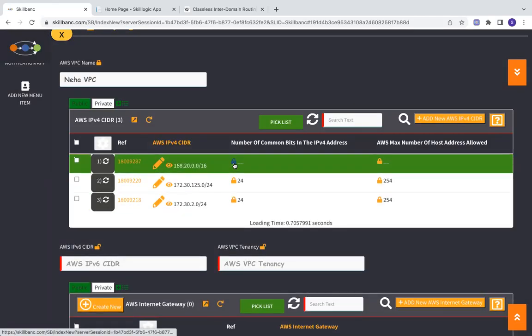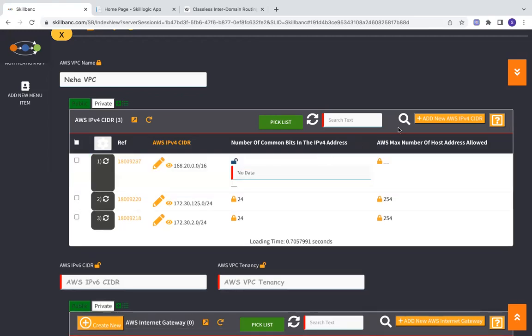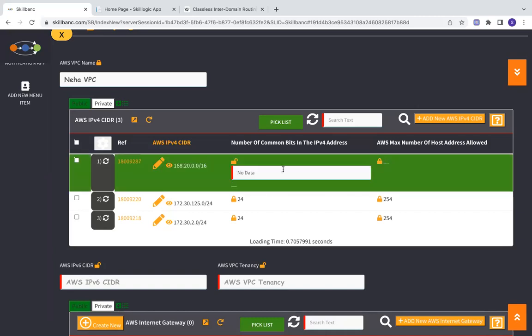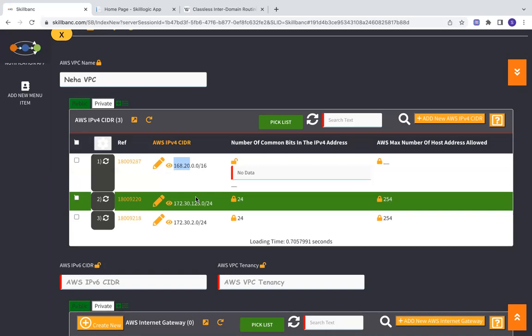So in this, how many are possible? 256 multiplied by 256 max addresses are possible, and this part would be common for every address.